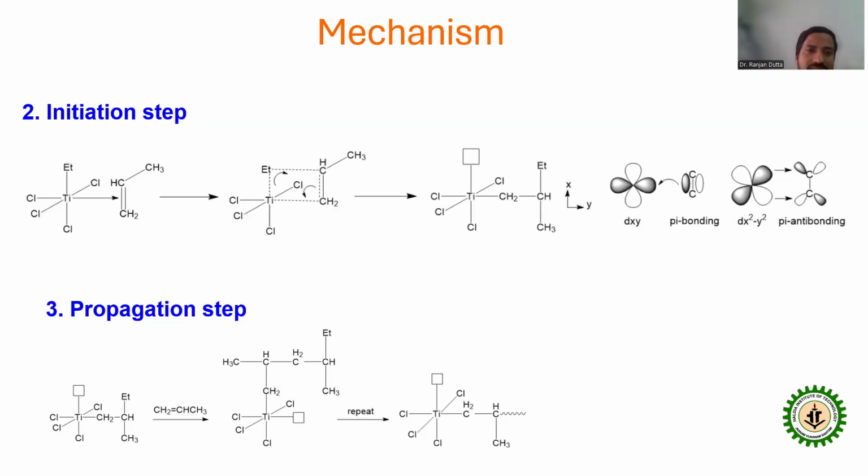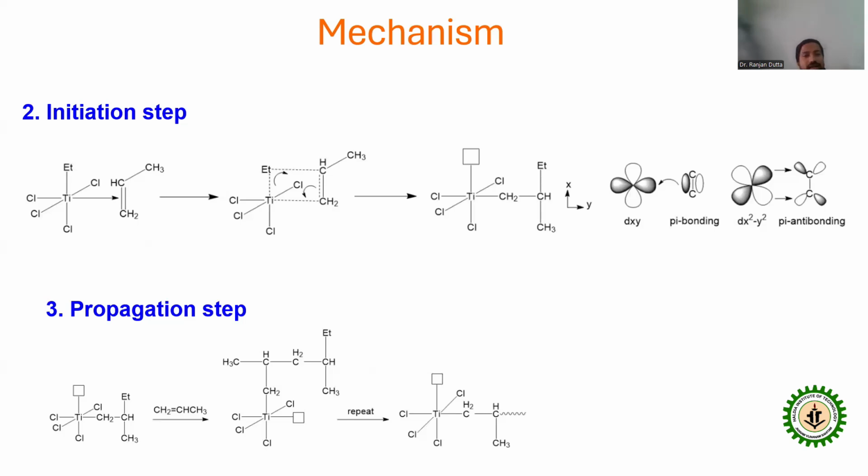After that, there will be reshuffling and shifting of electrons in the complex. During the shifting, we will have the final complex, this one, and there will still be one empty orbital which can accommodate one more alkene. So this is the chain initiation step.